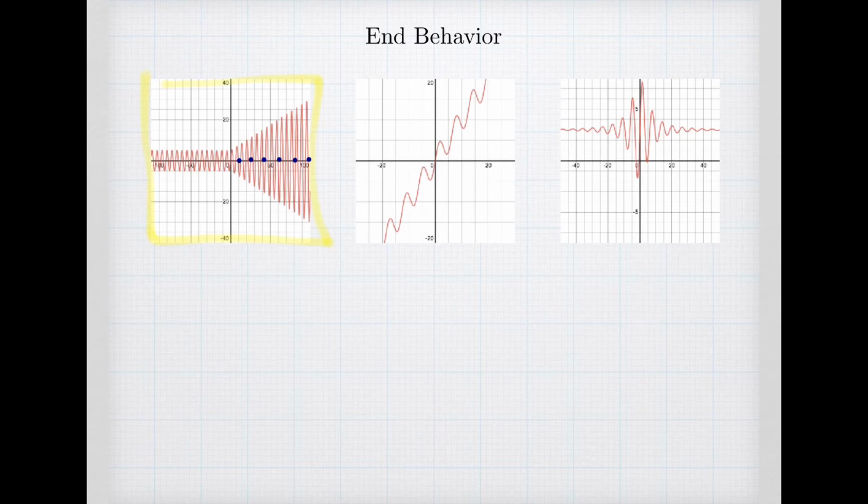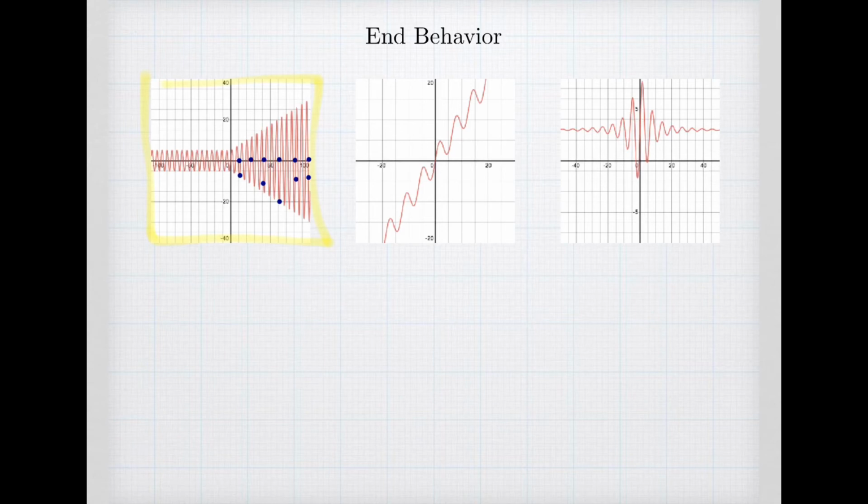For these particular x values, there doesn't seem to be a necessary pattern of what's happening to the y values on this sequence. And so we say that the limit doesn't exist.